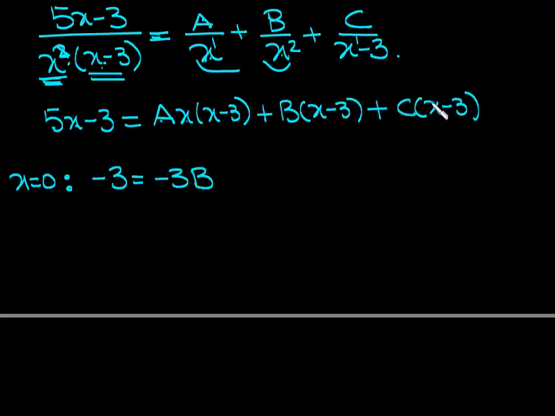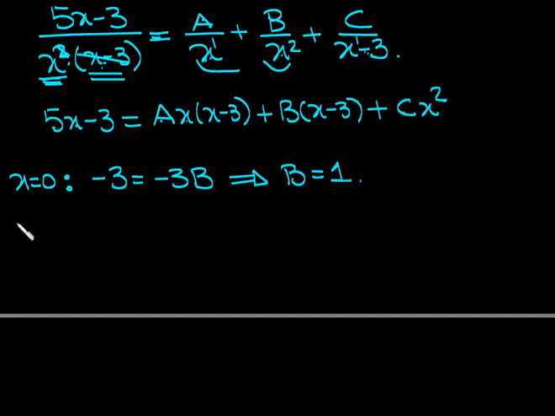Okay, and by the way, I'm sorry, the x minus 3's will cancel, so you should get just Cx squared, because when you multiply by the common denominator, this will cancel. C times 0 is 0, so if you divide both sides by negative 3, you get B is equal to 1.